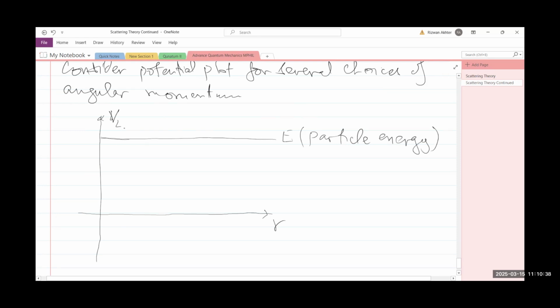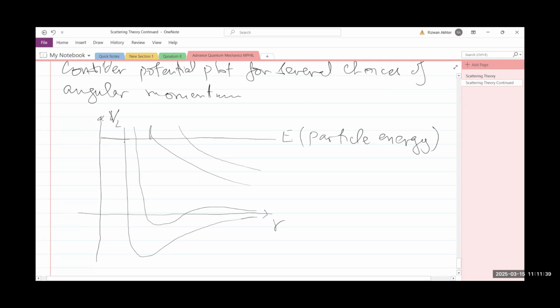And then we could have a potential like something like this, or we could have a potential something like this, or we could have a potential like this.